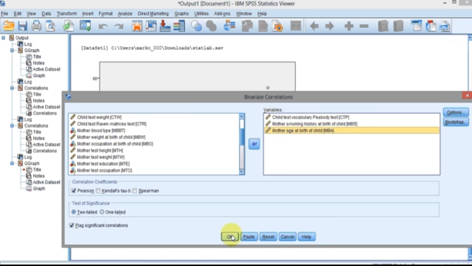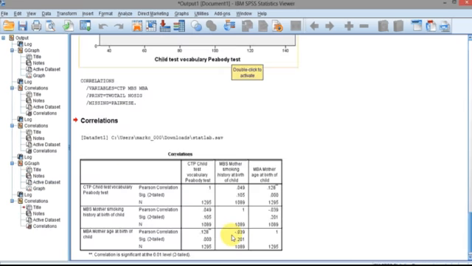And you can see here that there's not much coming out of those comparisons. If we read across from the vocabulary score, we can see there's a very weak relationship between the mother's smoking history, and it's not statistically significant.